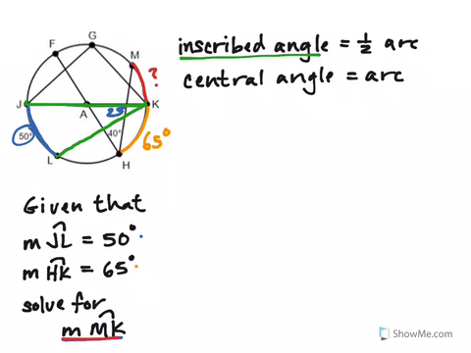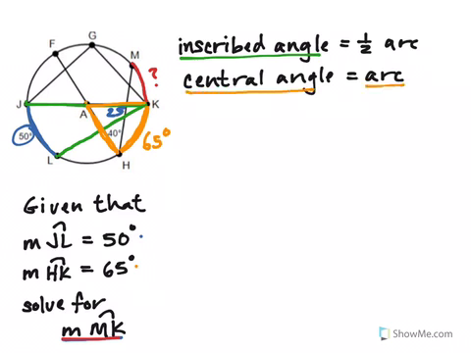Well, we also see here that this is 65 degrees, and it's subtended by a central angle, and that is this angle here. It's a central angle because the vertex is at the center of the circle, and we know that a central angle is equal to its subtended arc.